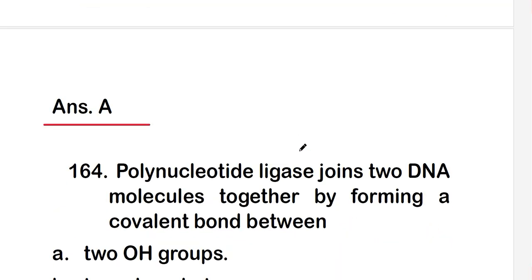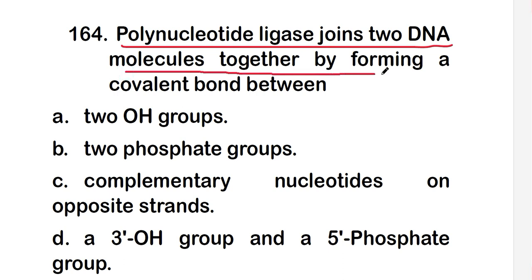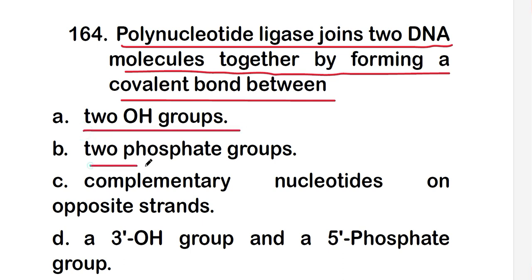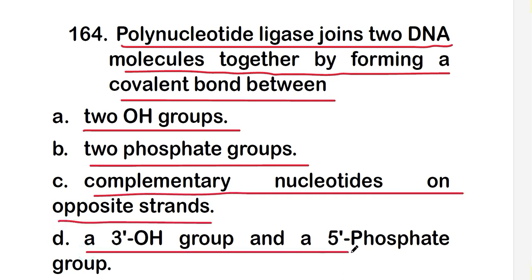Let's move on to question number 164. Polynucleotide ligase joins two DNA molecules together by forming a covalent bond between option A, 2 OH groups, option B, 2 phosphate groups, option C, complementary nucleotides on opposite strands, or option D, a 3' OH group and a 5' phosphate group.